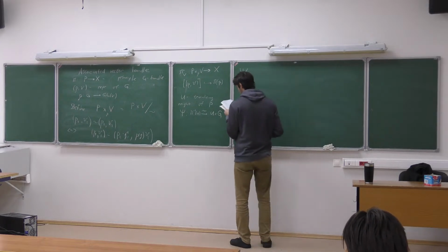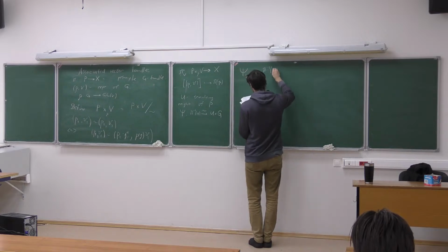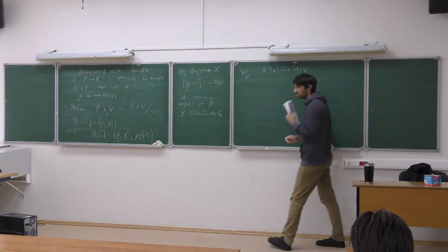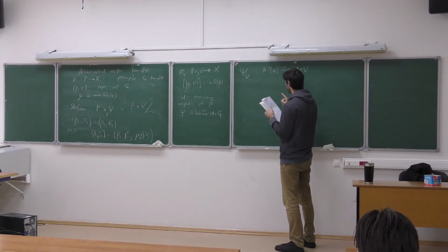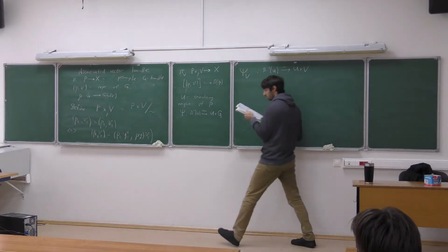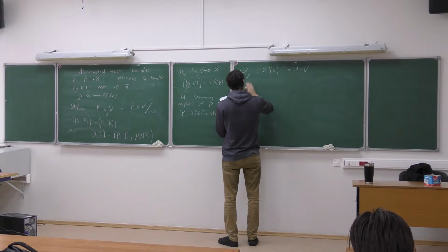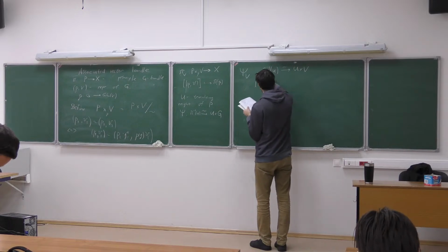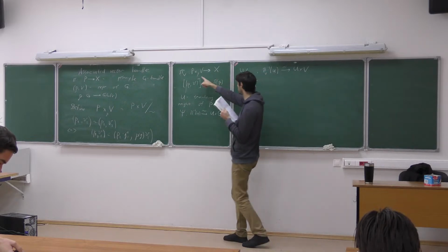So I will need to send pi_V inverse of U to U times V. And I would like it to be a diffeomorphism. And so this is defined as follows. So I take pi_V inverse of U, well, I should put V in here. All right, so this should be an element in here.